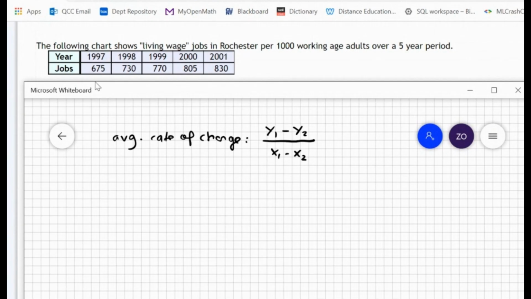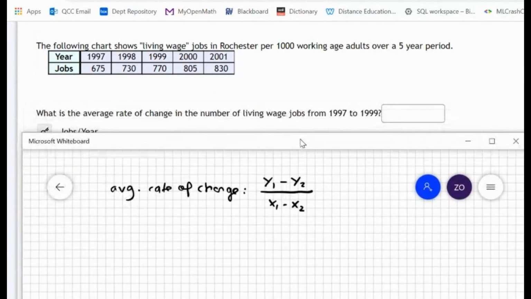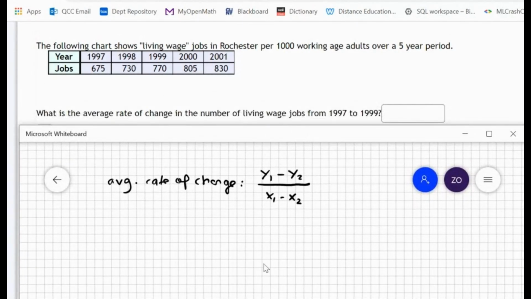So in this case, in year 1997, the number of jobs was 675. So from 1997 to 1999, we will compare how much the jobs changed. Be careful. You can change the order of x's, but I prefer to have the larger one in front so that the answer is positive. And when you write the y values, the output values, you should stick to the same order.